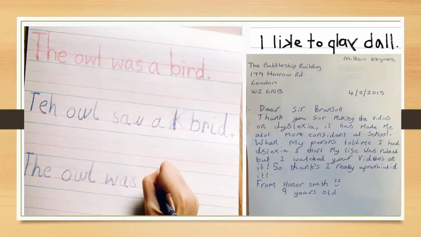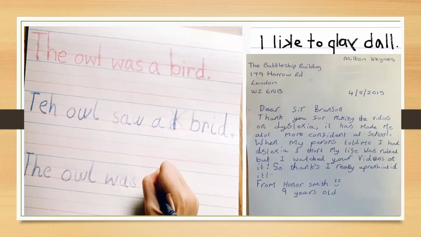This is the example that says: the owl was a bird. See, the child with dyslexia writes it like this. THE will be changed into TEH. OWL will change into OWE.